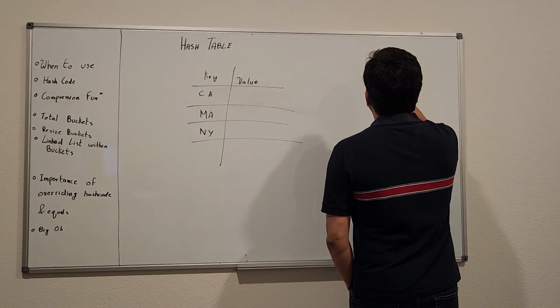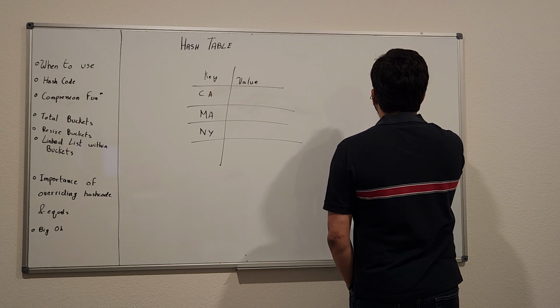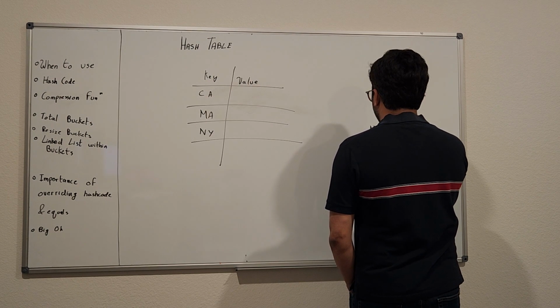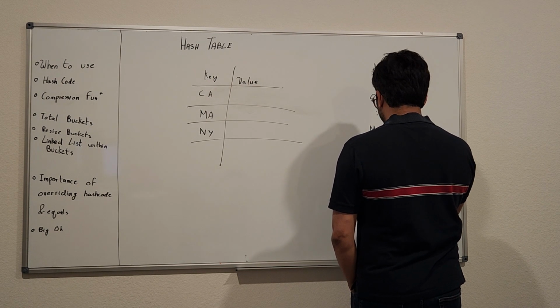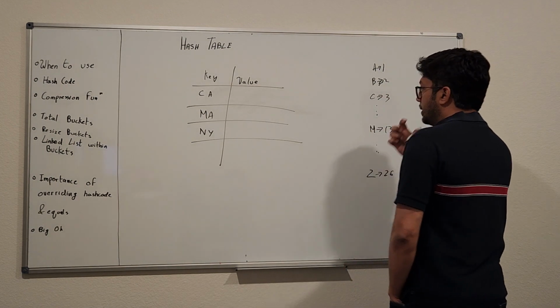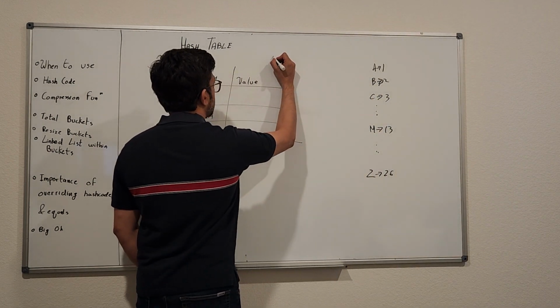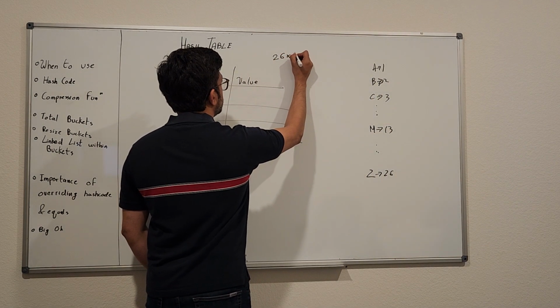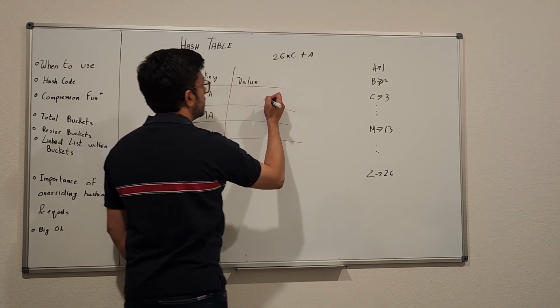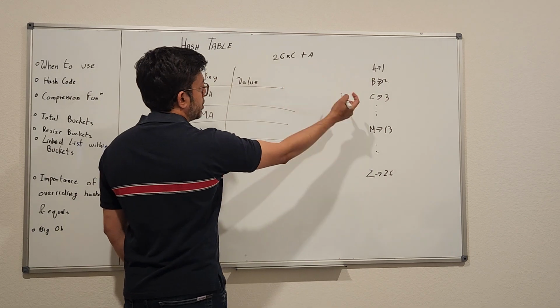One way to do this is, suppose I assign a number for every letter. Say A is 1, B is 2, C is 3, M is 13 for Massachusetts, and then Z is 26. So for California, if I want a unique number, I can do something like this: 26 times C plus A. 26 because there are altogether 26 possibilities for letters.